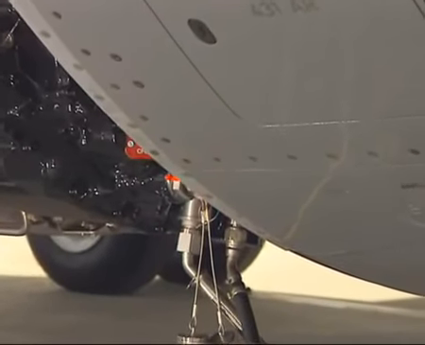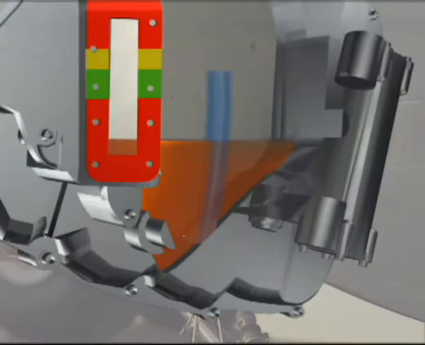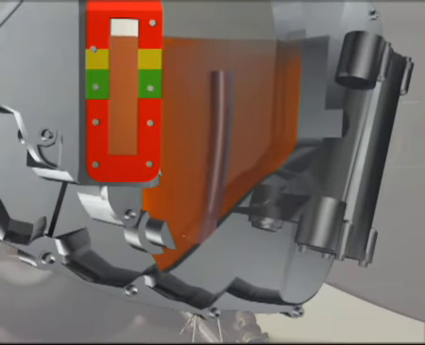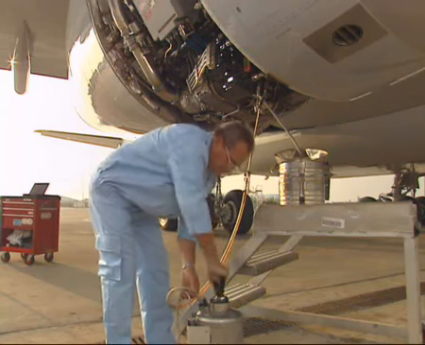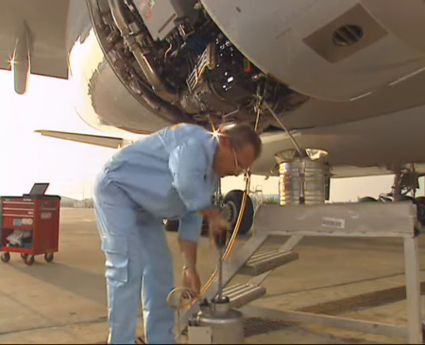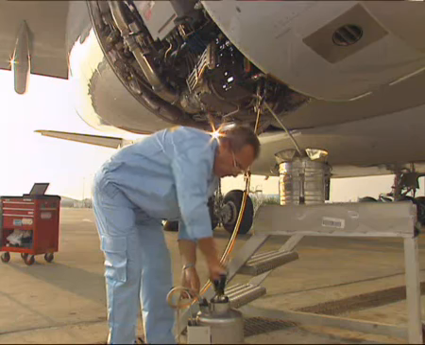The IDG case is then filled with oil. Once the oil level exceeds the top of the overflow standpipe, it flows outside the IDG through the overflow drain port. Keep pumping to fill the entire oil circuit and expel air pockets from the system.